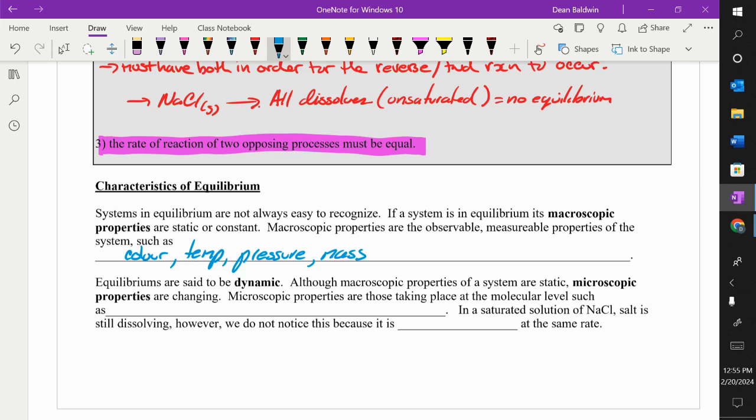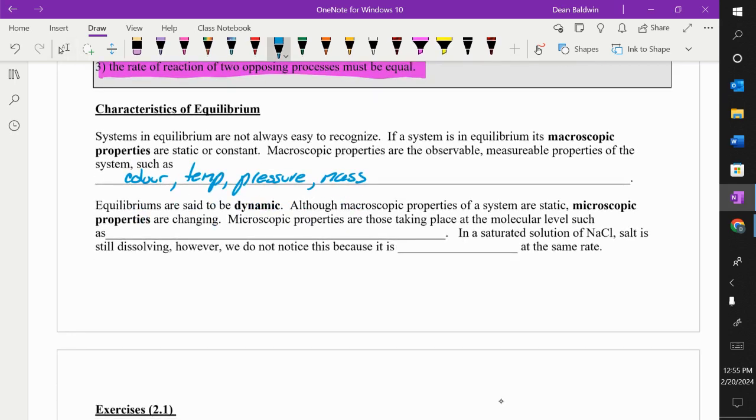But we don't say equilibriums are static, we say they're dynamic. Okay? So the macroscopic, what you see and what you can measure fairly easily, are not changing. The microscopic ones are. So that is going to be the molecular velocities and the forces within them.